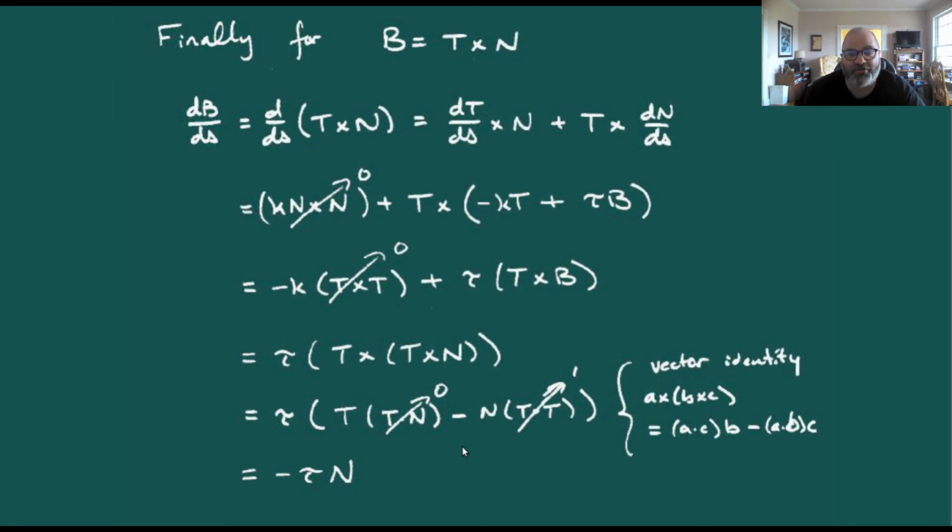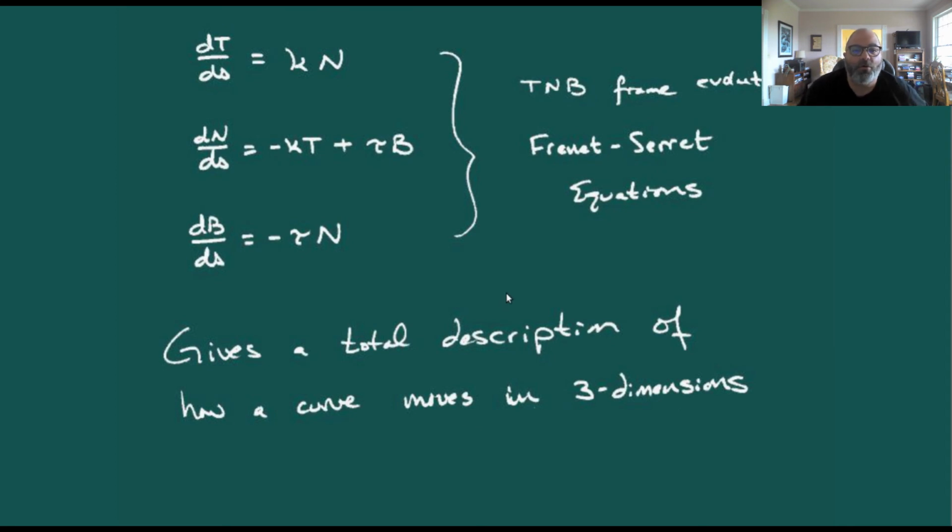So if we take all of these things and put them together, what we're seeing is that we've got these three vectors, our T and our N and our B, our tangent vector, normal vector, and binormal vector. These constitute the TNB frame for every point along our curve. So we're really introducing a three-dimensional coordinate system attached to every single point on a curve.